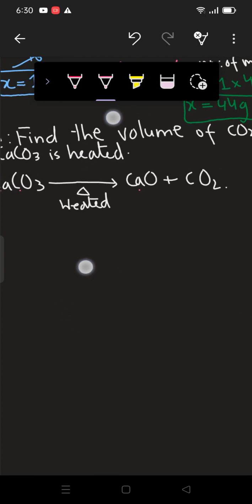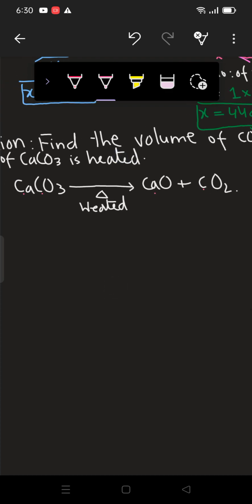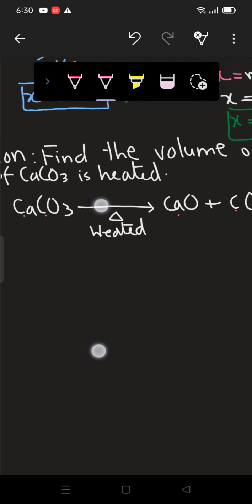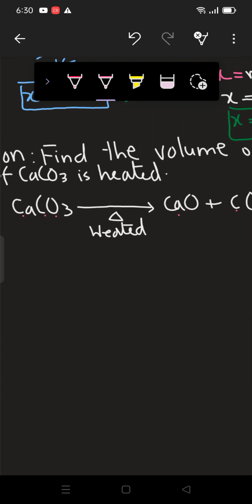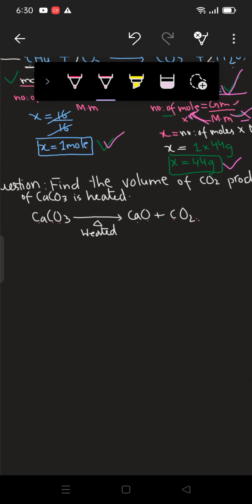Carbon is 1 here, and again on the product side we have carbon 1. Carbon is balanced as well. Come towards oxygen. Oxygen is 3 on the reactant side. On the product side, 1 plus 2, we have 3. Means oxygen is 3 on both sides. Calcium is 1, carbon is 1, and oxygens are 3 on the reactant side as well as the product side, right?